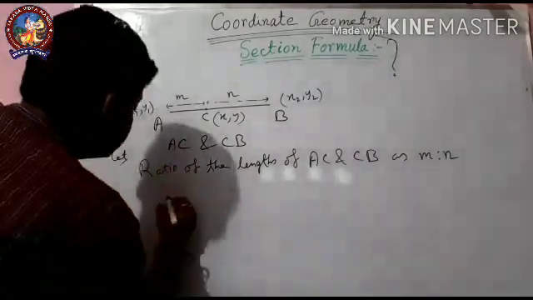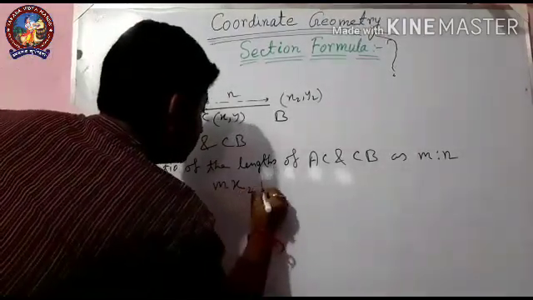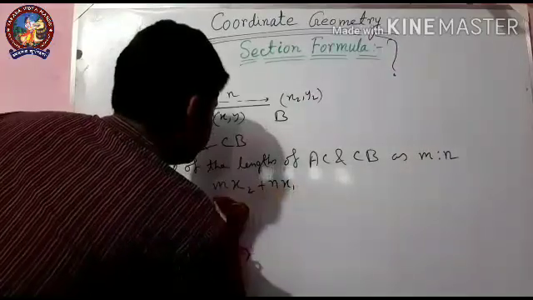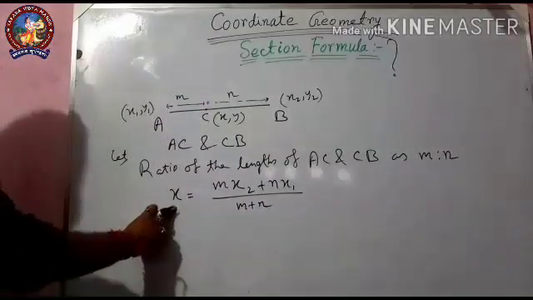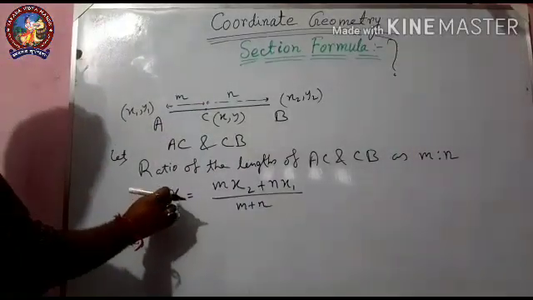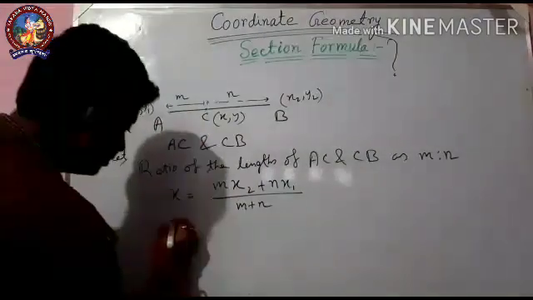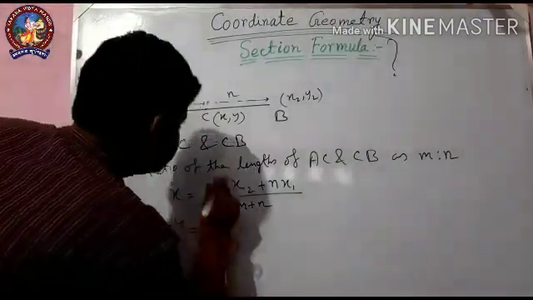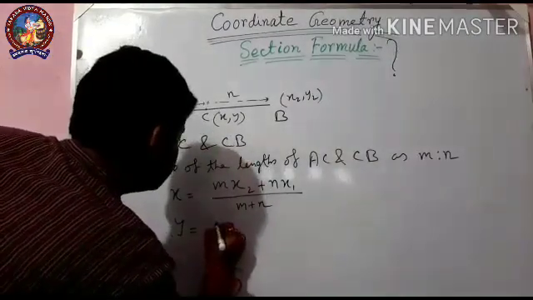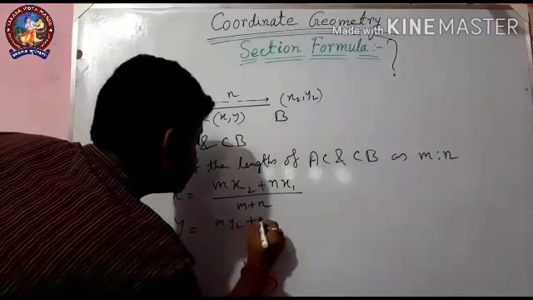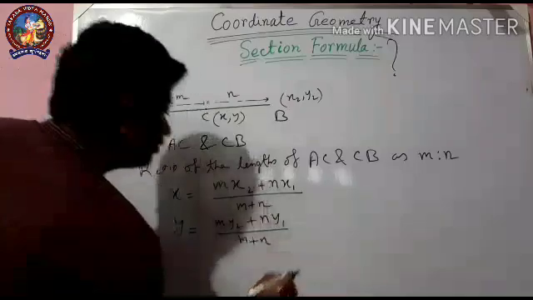After derivation, we will get x as mx2 plus nx1 by m plus n. That is actually the abscissa of the point C, and the ordinate of the point C, that is y, the expression for y will be my2 plus ny1 by m plus n.